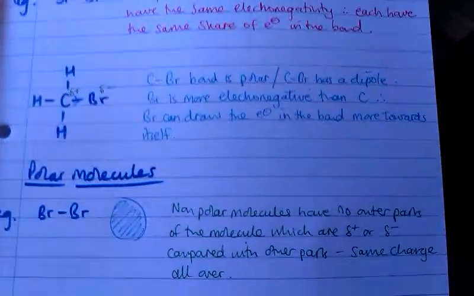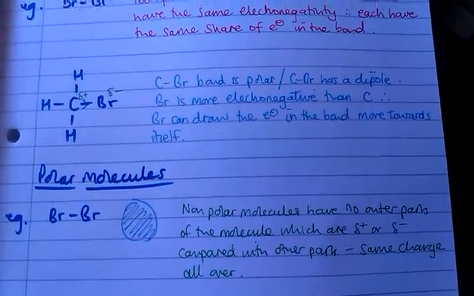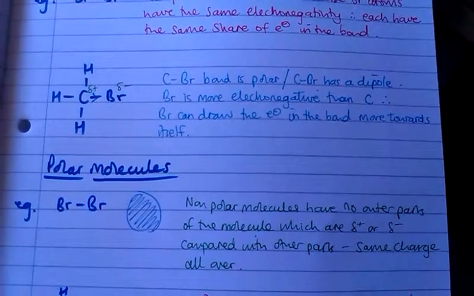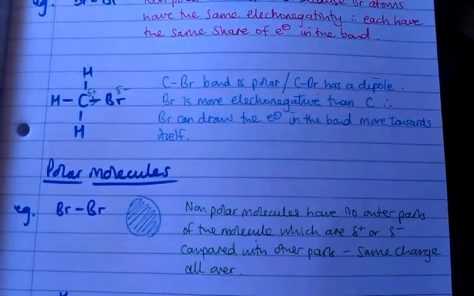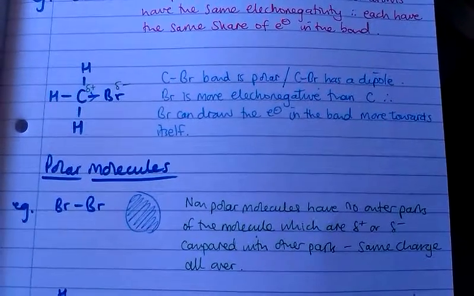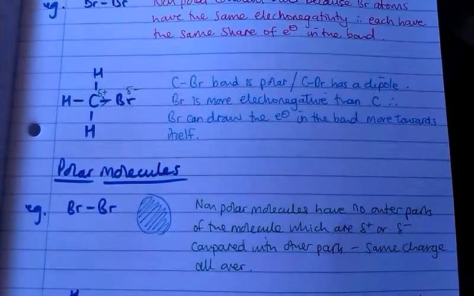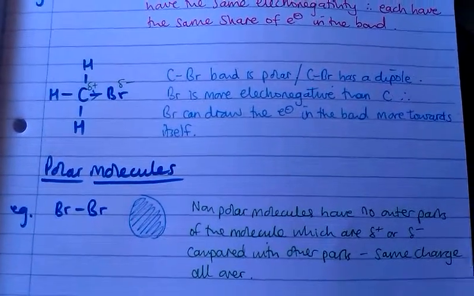So moving on to polar molecules, if we just use the same examples again, diatomic bromine is a non-polar molecule because there's no part of the molecule that has either delta plus or delta minus compared with the other parts, so it's just got the same charge all over.